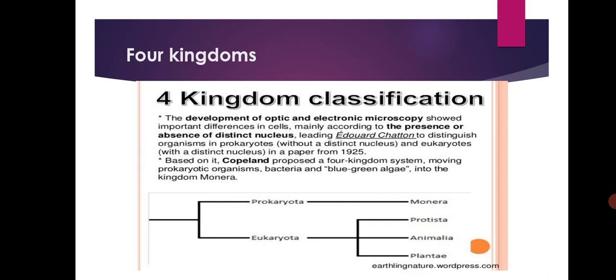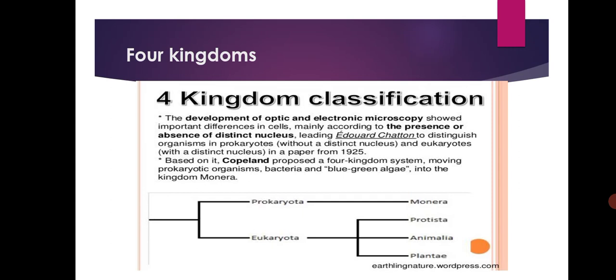But there was still a problem with Protista, in which all bacteria were placed. Due to the development of optical and electron microscopy, cells were studied in detail and prokaryotes, which have no nucleus, were separated from Protista by Edward Chatton in 1925. And a fourth kingdom was designed for all prokaryotes, named Monera.